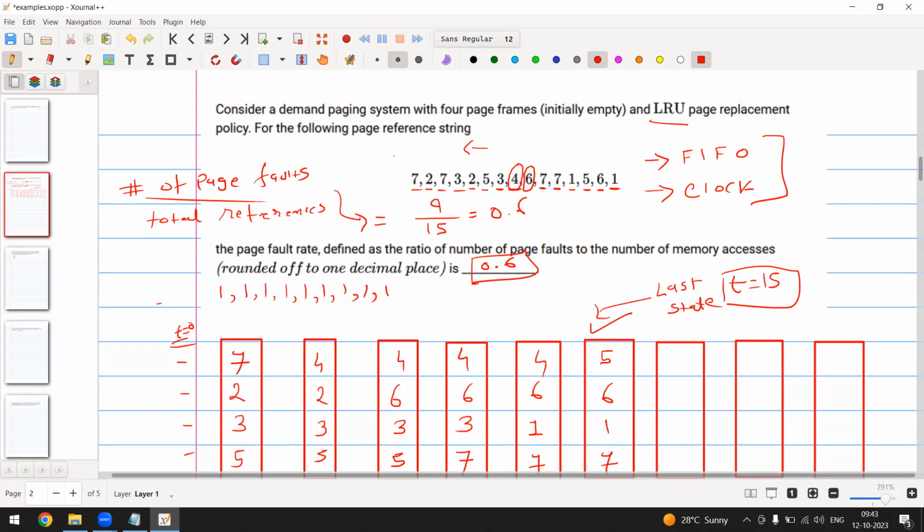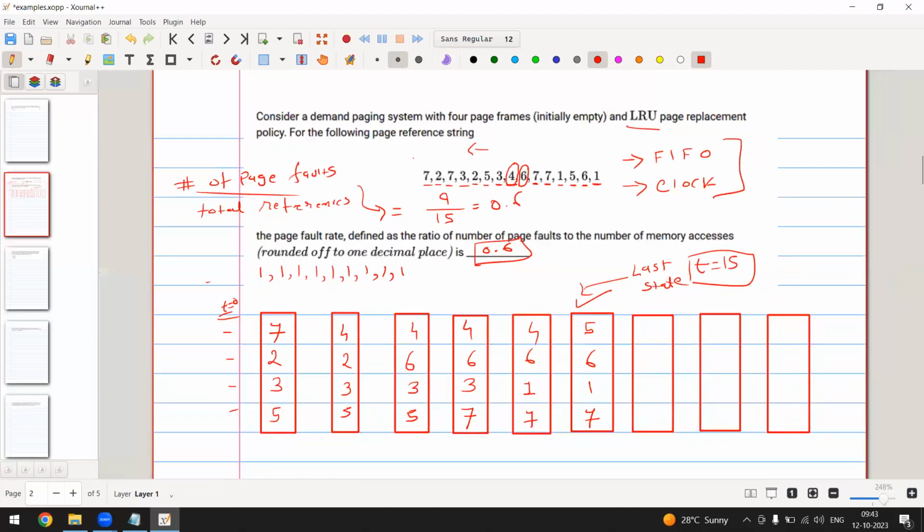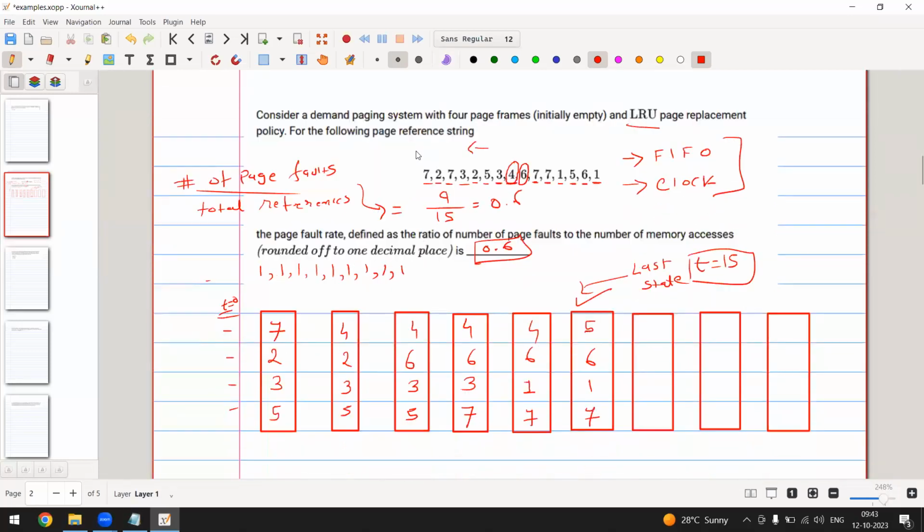You can refer to the last lecture for more details on FIFO and clock policy. In this way, this kind of examples can be asked where you are given the page references and you have to calculate the page fault rate. So that was the first example which I wanted to discuss.